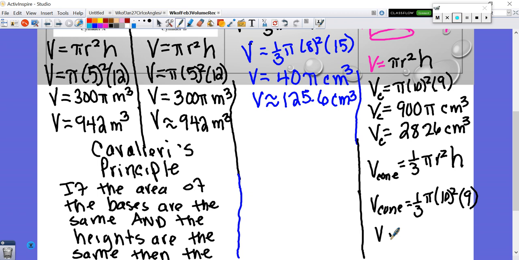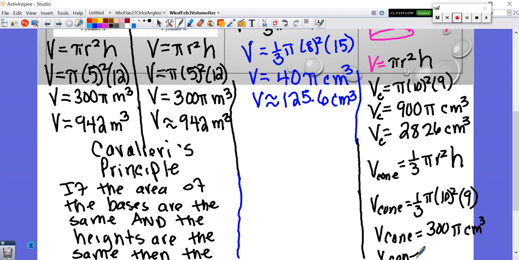So we end up with volume of the cone is equal to 300 pi. And you can use your calculator to see how I got 300. And how I got it was 900 times 1/3 is 300. And then I get 300 pi. And that would be centimeters cubed.